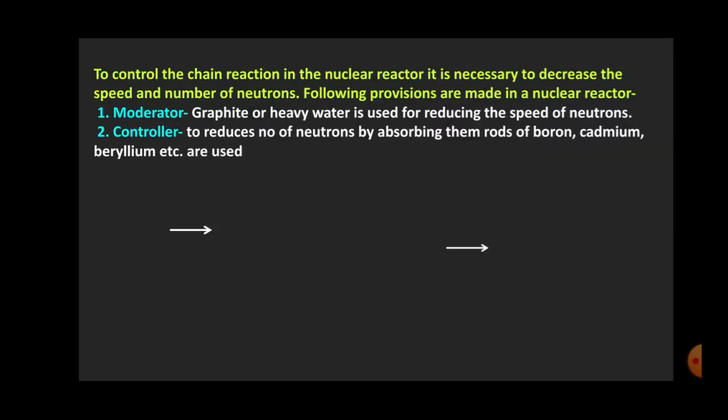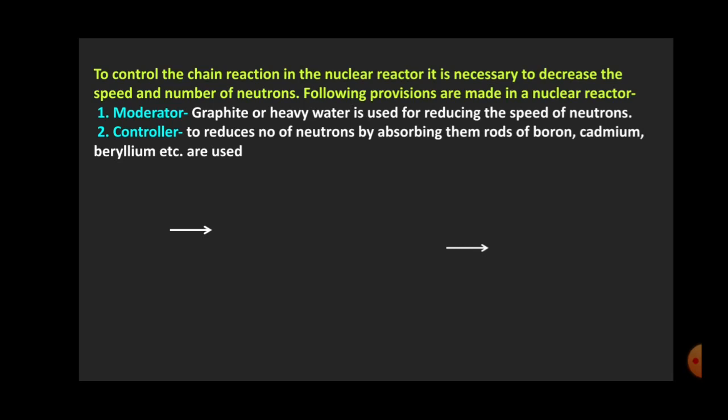We will control the chain reaction in the nuclear reactor, as it is necessary to decrease the speed and number of neutrons. Now for this purpose, there are following provisions. The very first one is the moderator and the second one is the controller. Now what is a moderator?